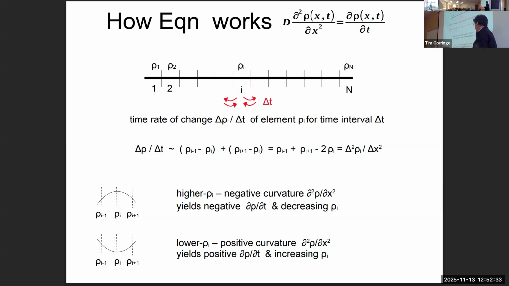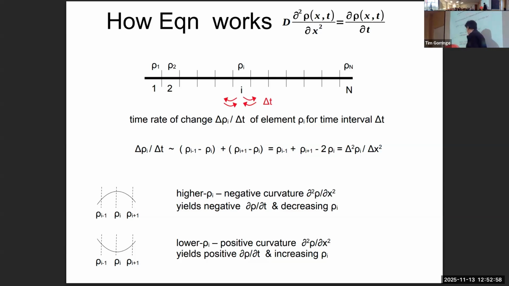So you're going to have a negative rate of change of the number of particles in this central cell here. Let's just say that more particles will leak out of the central cell than move in from the neighboring left and right cells.